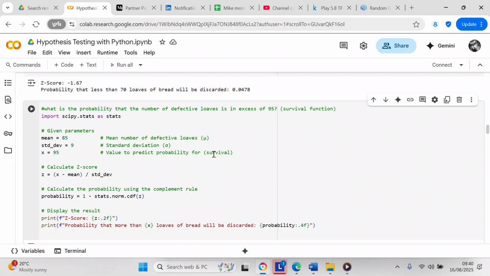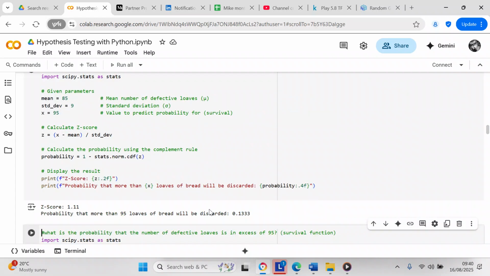So probability equals 1 minus stats.norm.cdf of z. Then we're going to display the z-score and the probability. So the z-score is 1.11 and the probability is 0.13.